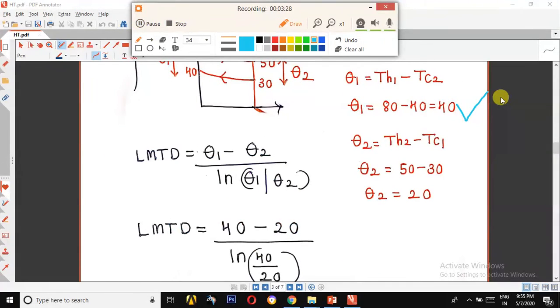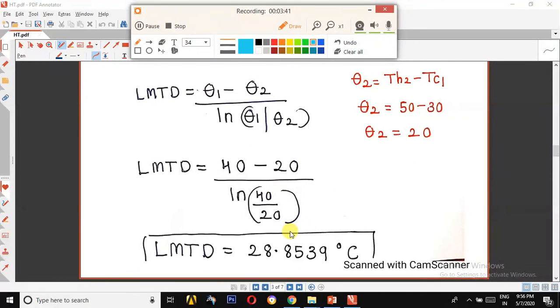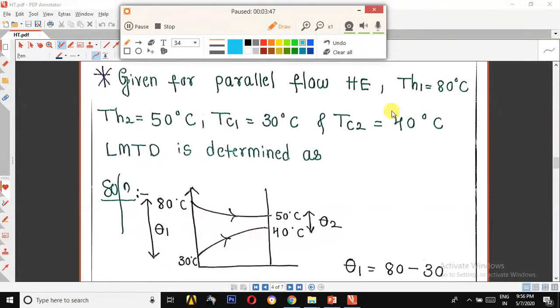ΔT1 is equal to 40 degrees Celsius and ΔT2 is equal to 20 degrees Celsius. Therefore, LMTD is equal to 28.8539 degrees Celsius.